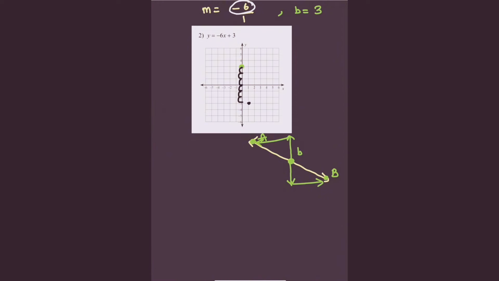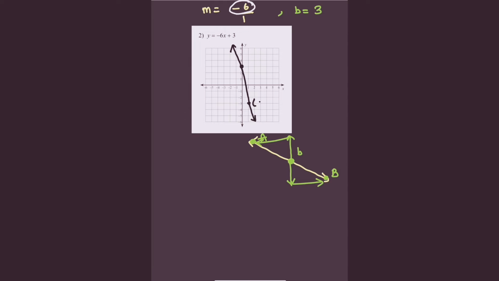And then if you have enough space, you can also go up from the y-intercept and take a left. But now we don't have enough space. So we'll just go ahead and connect those 2 coordinates. And then go ahead and label your coordinates.